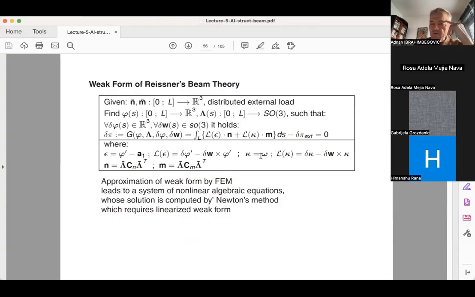This is a derivative of your orthogonal tensor lambda with respect to S, and then turn this into an axial vector, the scalar product with the bending moment and the torsion moment. And the constitutive equation for n and m could be expressed with this quadratic form as lambda tilde C_n lambda transpose and lambda tilde C_m lambda transpose.